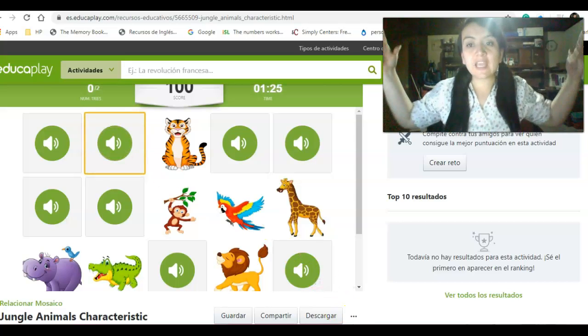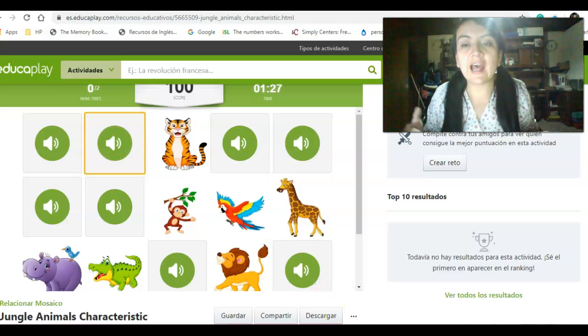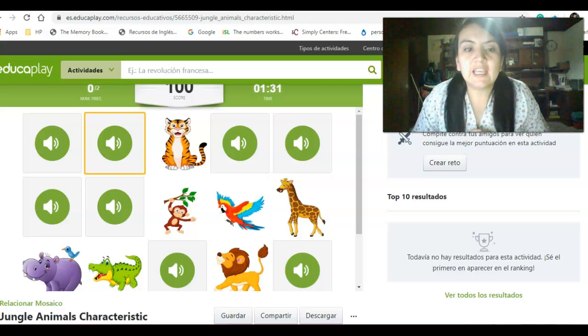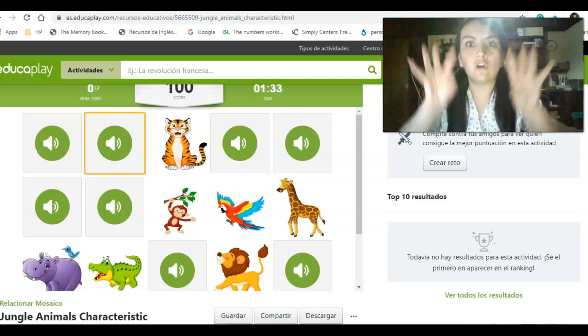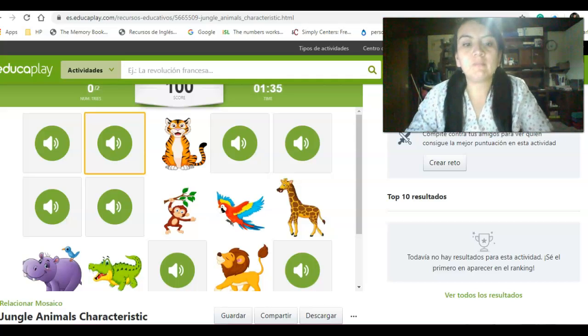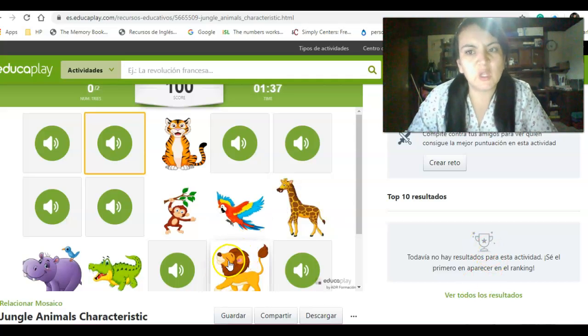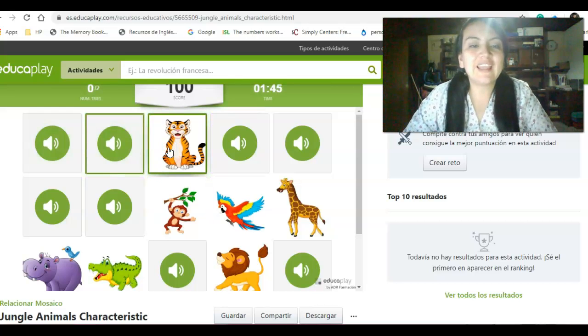What animal is big, is orange, and has got black stripes, and says, "Rawr." Which is the animal? The lion? No, the lion hasn't got black. Yes, the tiger. Excellent. And you have the partner already.